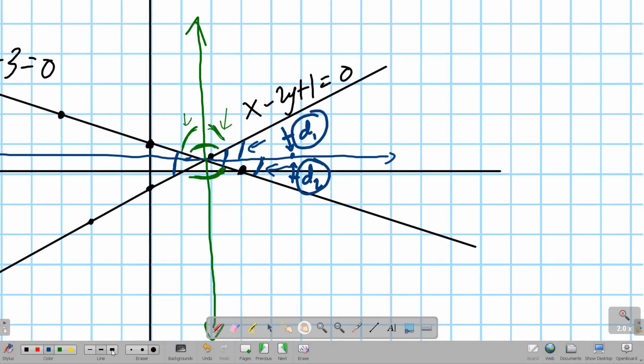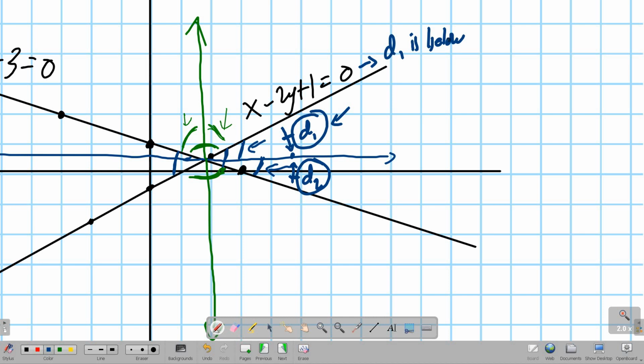Going to take a closer look at d sub 1 and d sub 2. This d sub 1 is below the line.